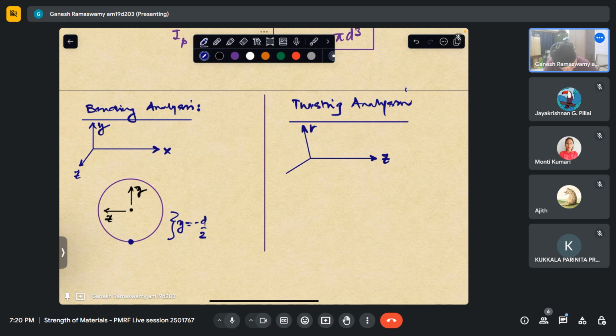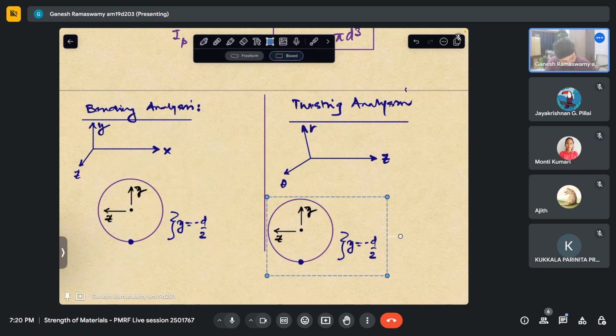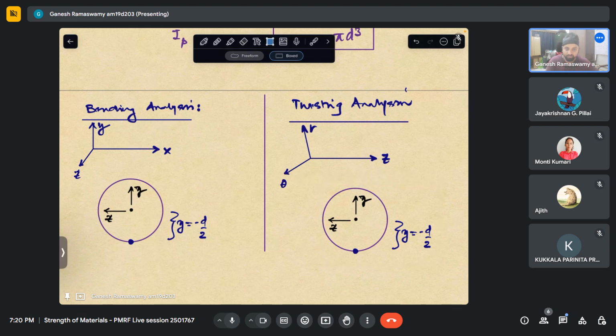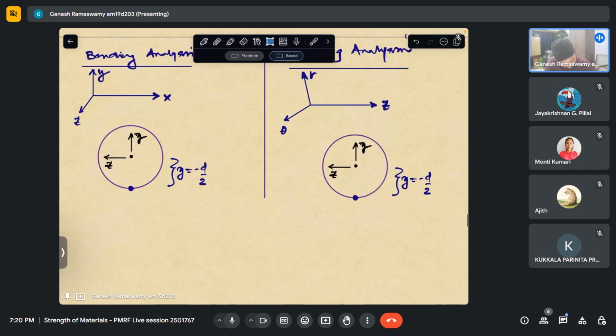Now if I were to take the same shaft and the same point, the axis that is pointing out of the plane of the paper is z for the case of cylindrical polar coordinates.